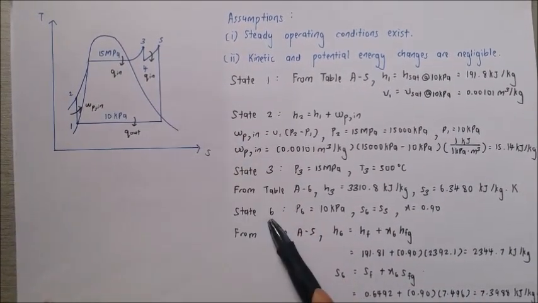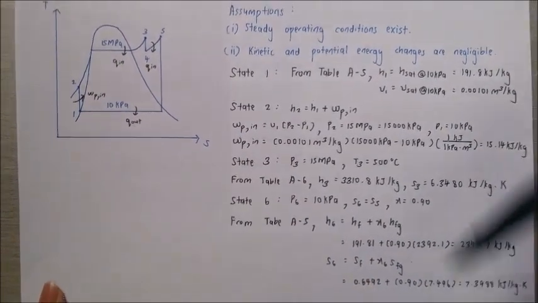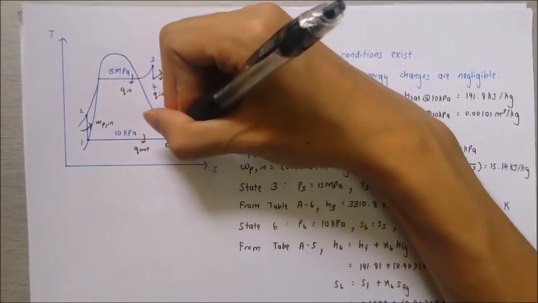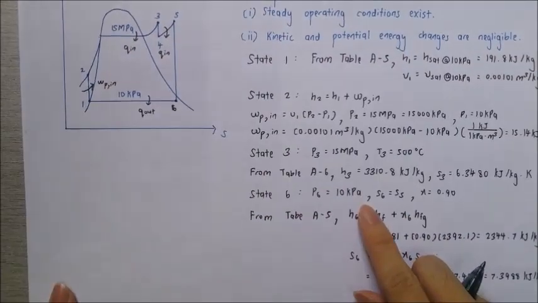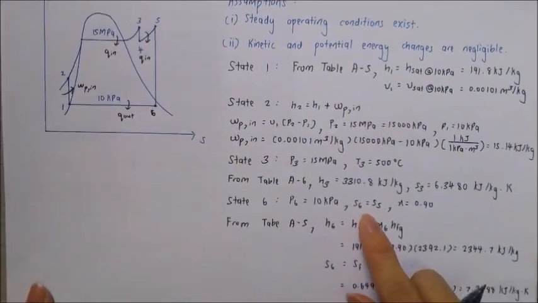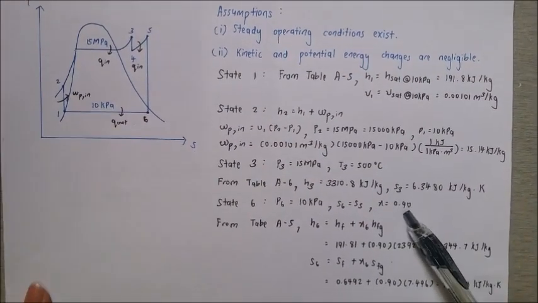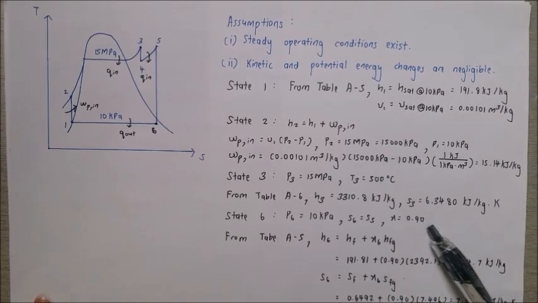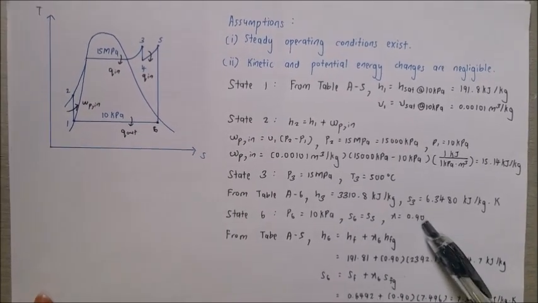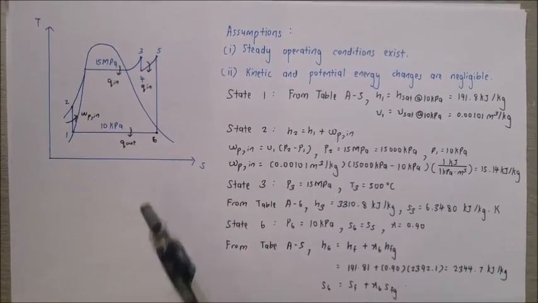For state 6, P6 equals 10 kilopascal, and also S6 equals S5, since this is an isentropic process, and x is equal to 0.90, since the moisture content must not exceed 0.1.